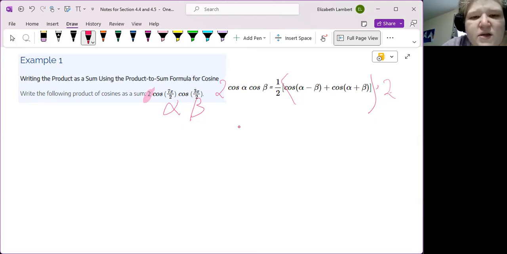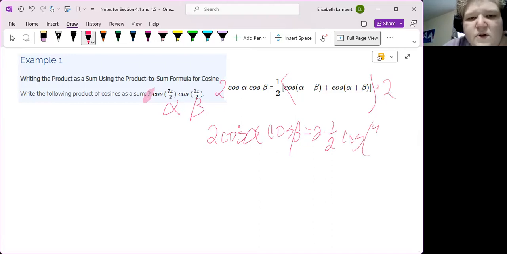So 2 cosine alpha cosine beta equals 2 times 1/2 cosine of, oh, sorry, that is an x.